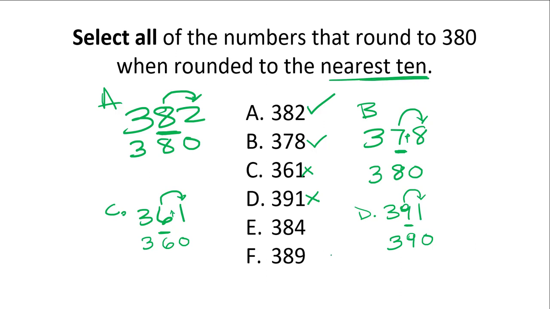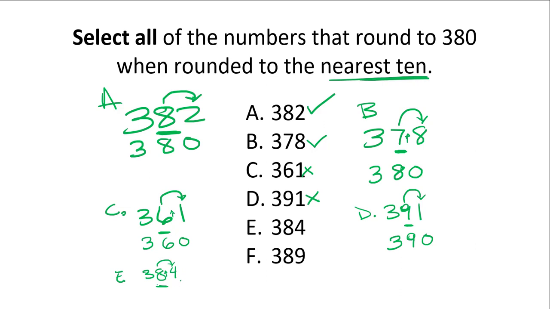How about E, 384? Again, we're focusing on the digit in the tens place. Underline that digit for me, please. Then look next door. If it's 5 or more, it causes this digit to go up.